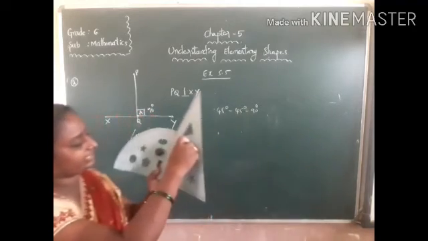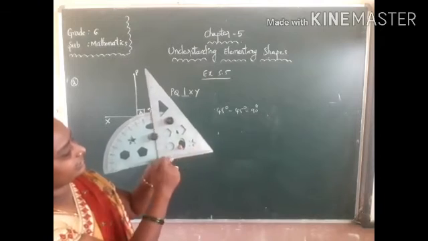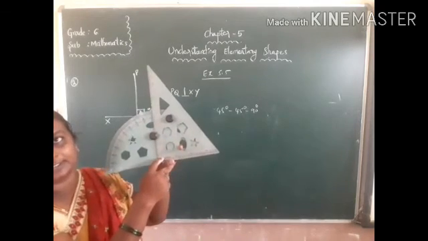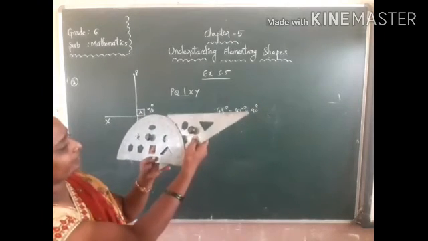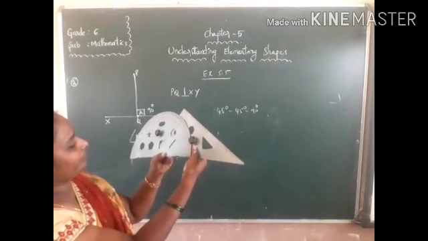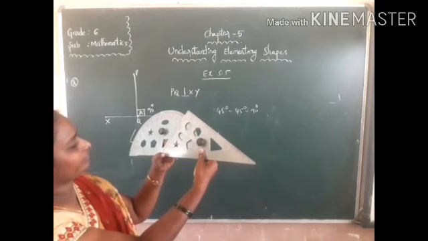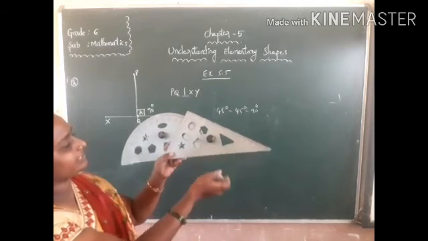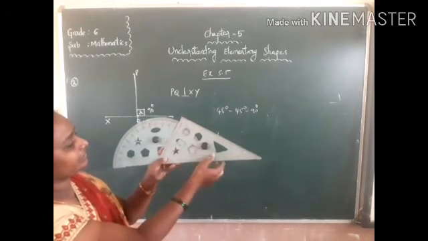One more set square here, measure this angle. Yes, it is exactly 90 degrees. Measure this one. Yes, it is 60 degrees.